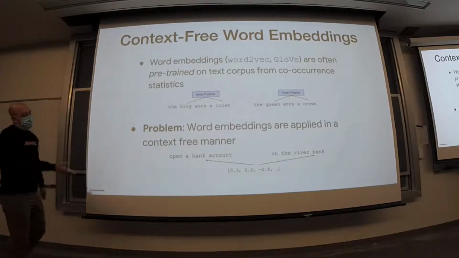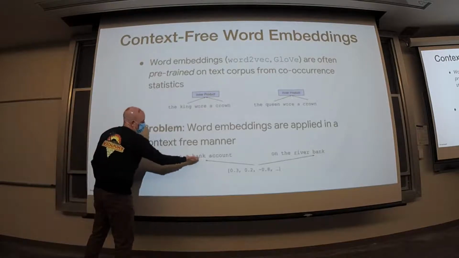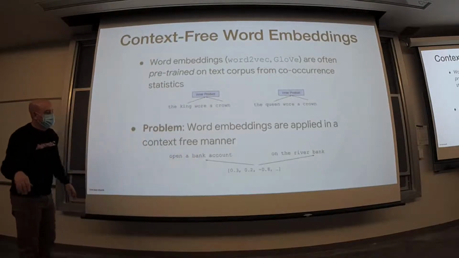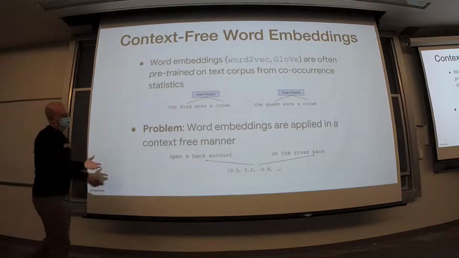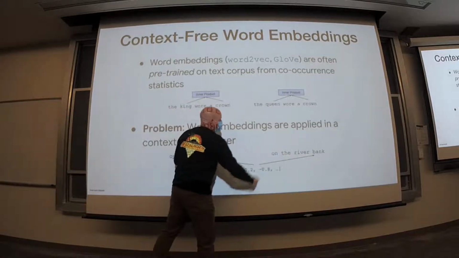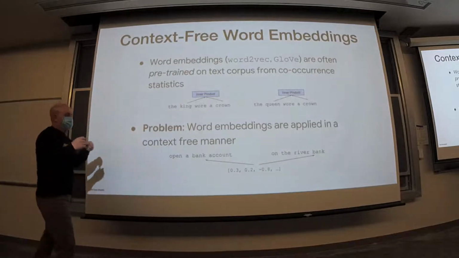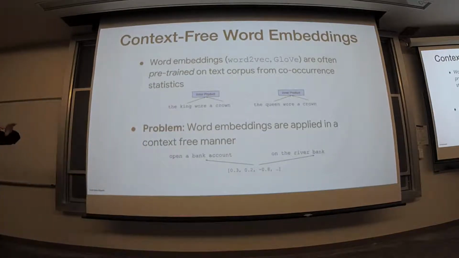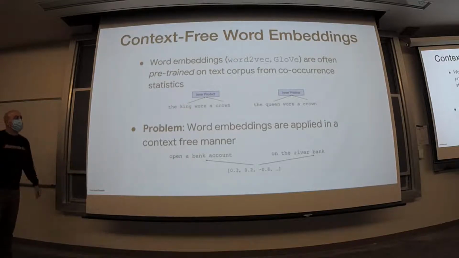That means, in the case of bank, it would need to represent its usage in a sentence like this and in a sentence like this at the same time. So it's context free. In the end, it doesn't really take into account its context at runtime.